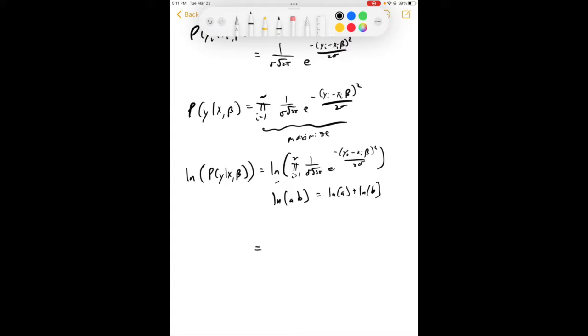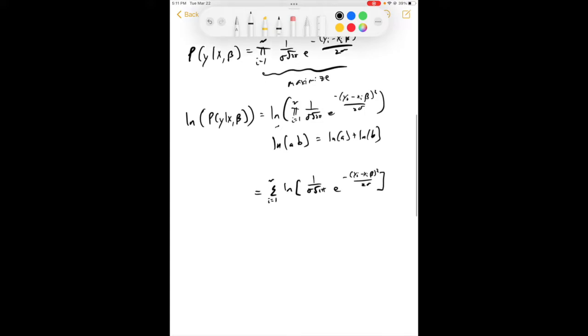So down here, instead of the product, we're going to have the sum from i equals 1 to n of the natural log of this stuff that's inside: sigma square root of 2 pi times e to the negative (y sub i minus x sub i beta) squared over 2 sigma. Now we have another product in there, so we can break that apart further.